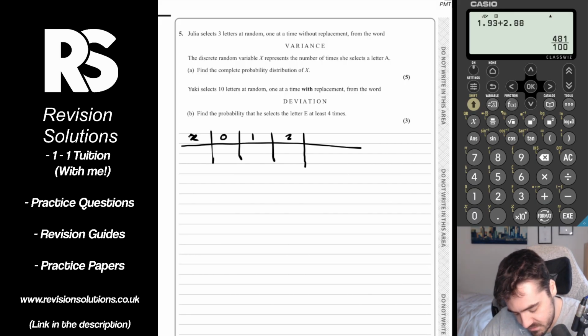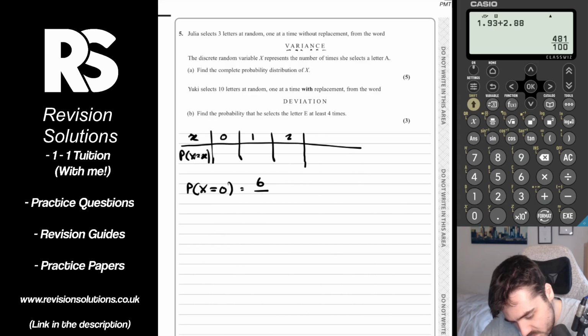So if she's going to select 0 A's, on the first pick, there are how many non-A's? There's 1, 2, 3, 4, 5, 6. So there's 6 out of a total 8 letters.